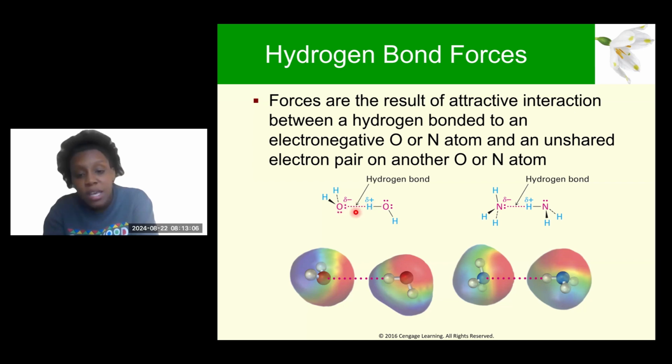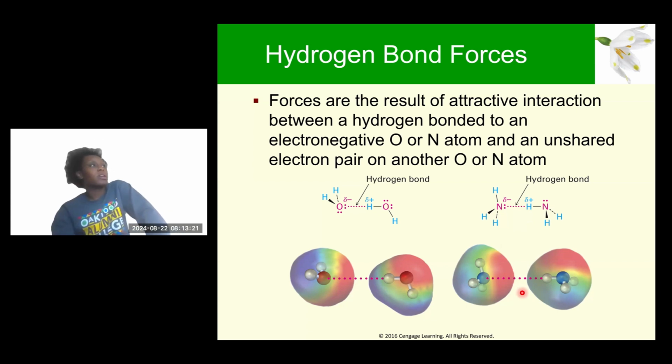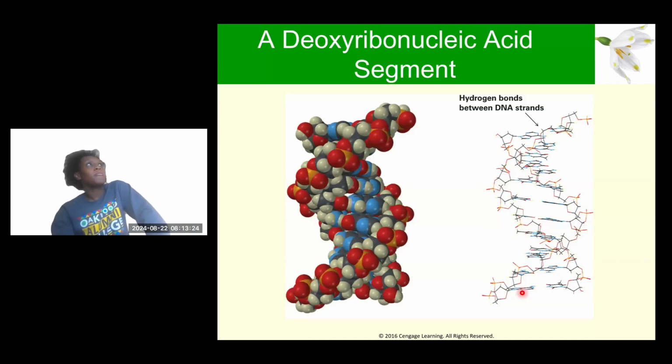Because of the electrons that are electronegative, you create these weak hydrogen bonds, okay? You see that also again with nitrogen, these weak hydrogen bonds. And so it causes them to orientate themselves around each other accordingly.